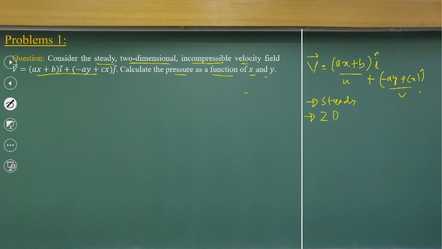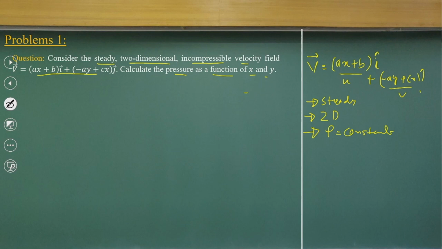You should have this understanding. And rho is a constant, as it is given for us; density is constant for incompressible flow. So, these things are given to us.